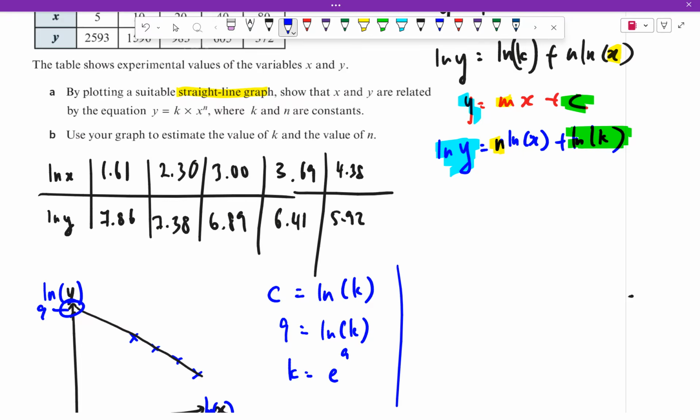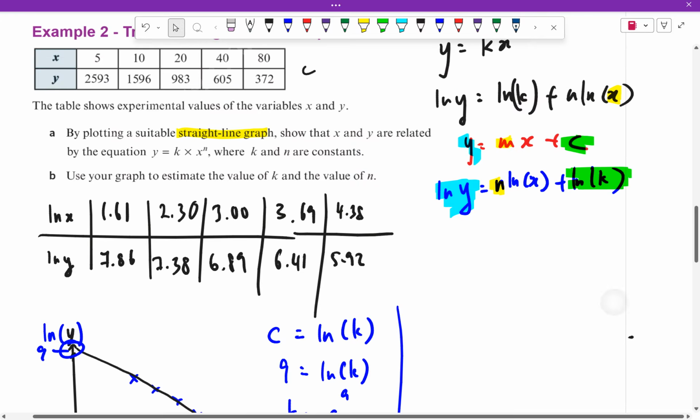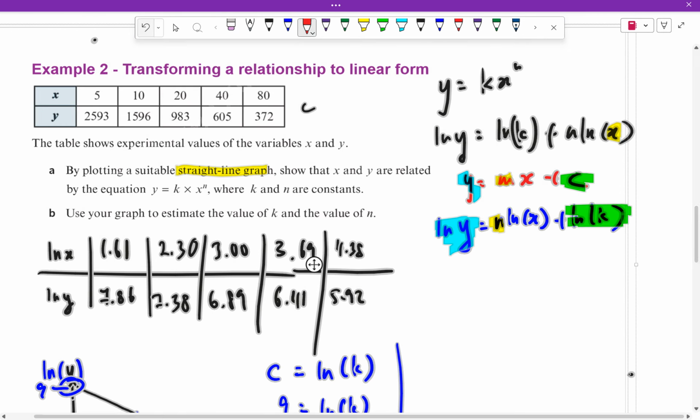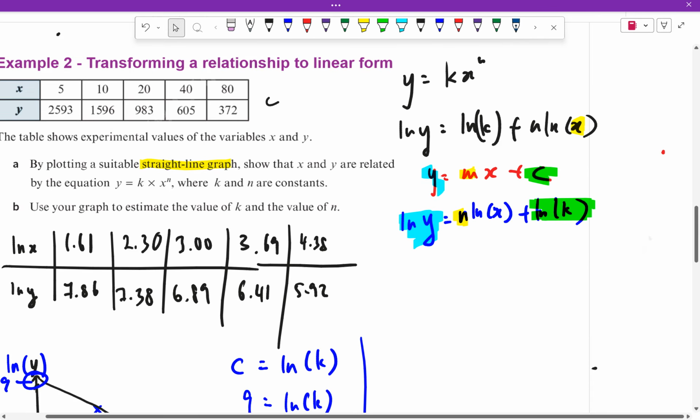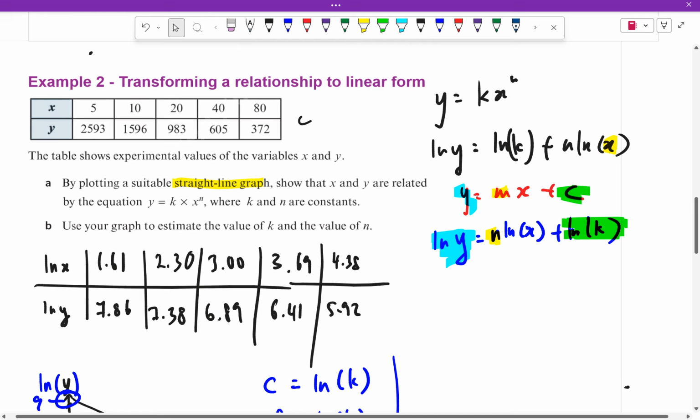Because we know n is the gradient, so we use it. Now, you might think we might use our original data. But no, because our gradient is according to ln of y and ln of x. So you cannot use the original data. You have to use the transformed data.